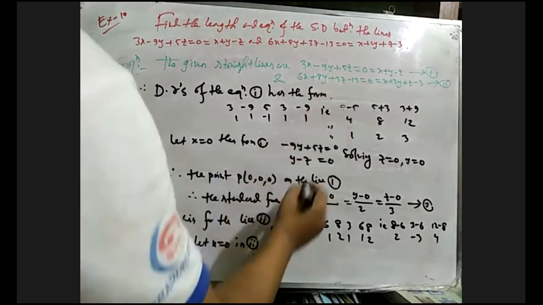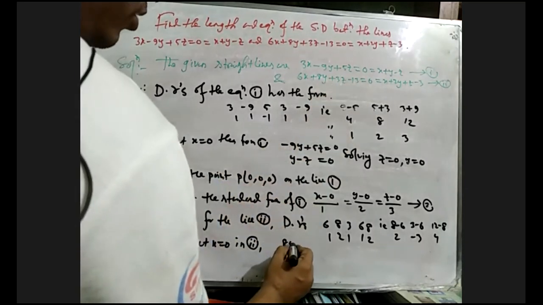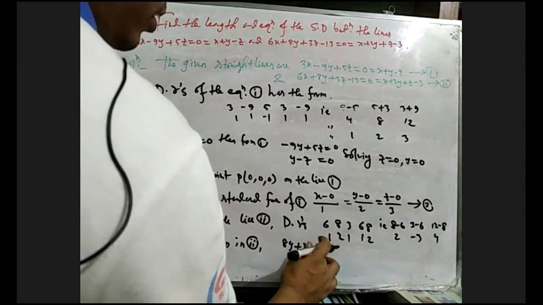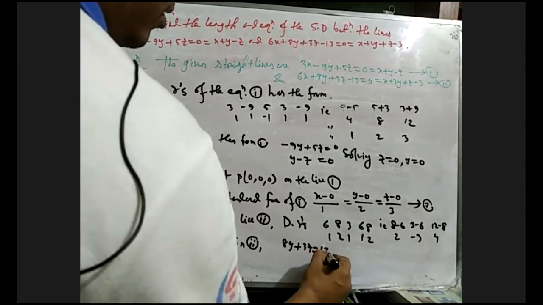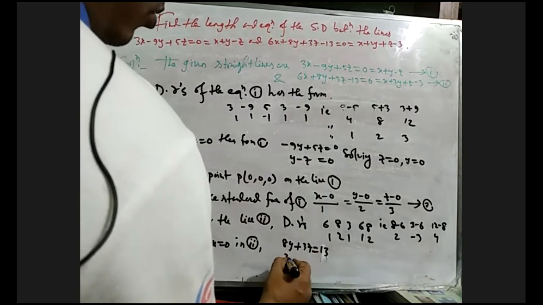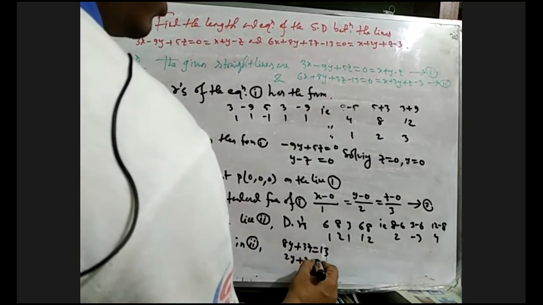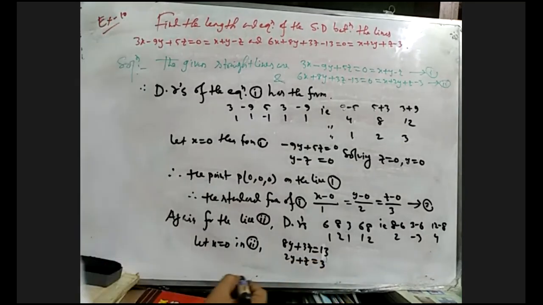Then from equation 2, we get 8y + 3z = 13 and 2y + z = 3.